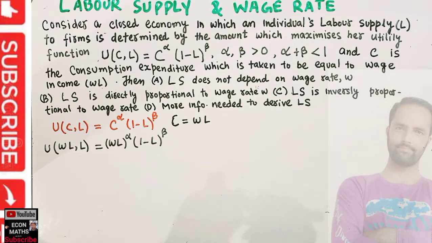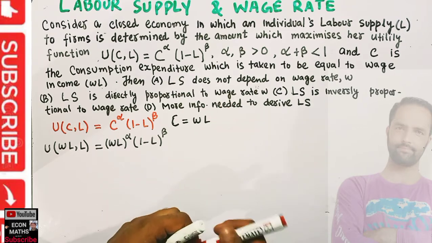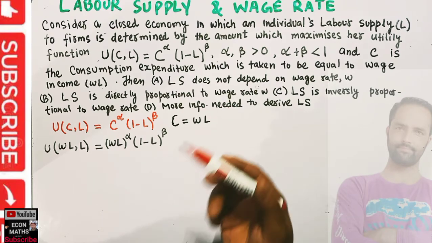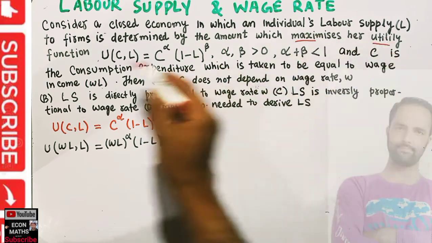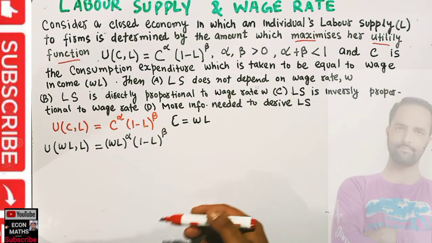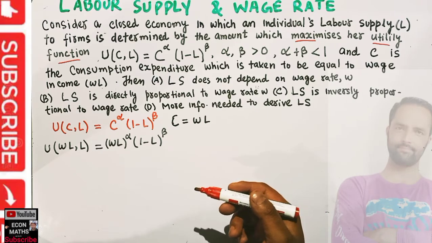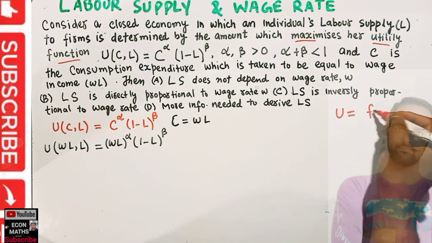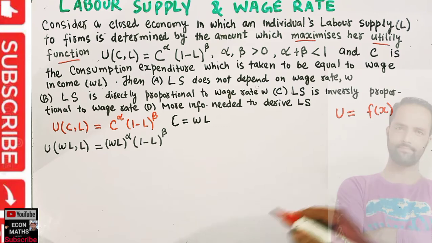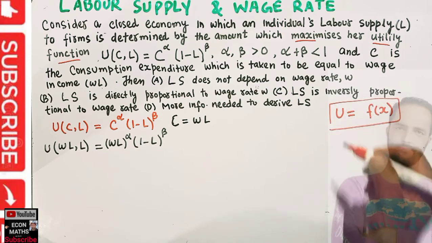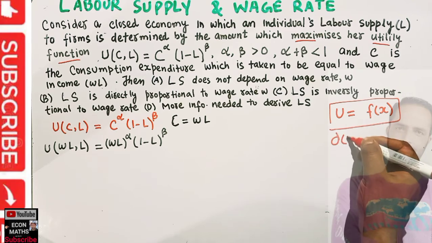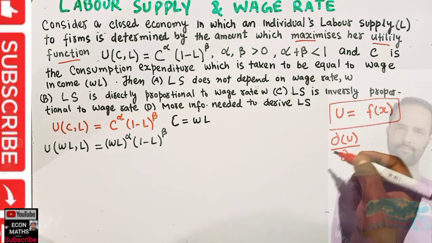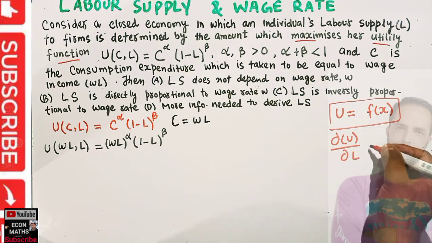So this is the utility function of the individual in terms of consumption expenditure also. We want to maximize the utility function of the individual. How do we maximize the utility function of an individual? If we are being given any utility function and we want to maximize the utility, we just take the derivative of the utility function with respect to the parameter, which is here L, and set it equal to 0.